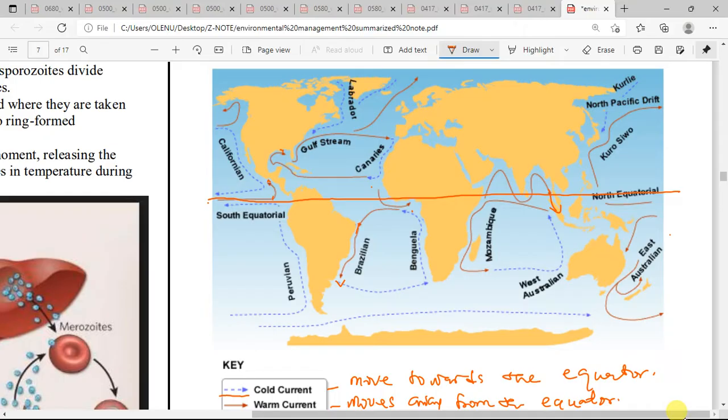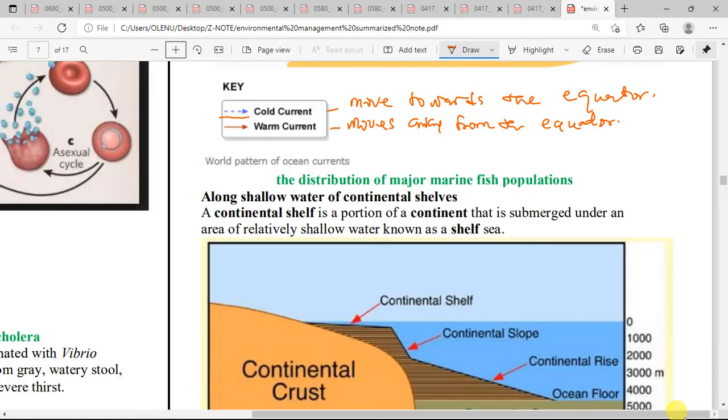Once they get to the equator, they get heated by the sun, become warm, then move up, leading to this pattern of circulation. But nobody is going to ask you about the California current or the South American current. I think the major aspect you might get questions on is the El Nino and La Nina phenomena.